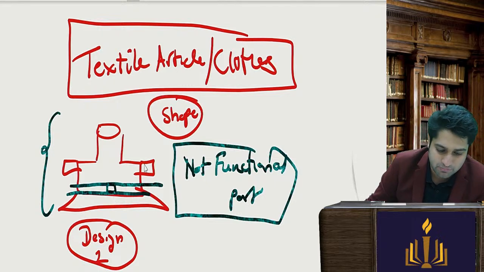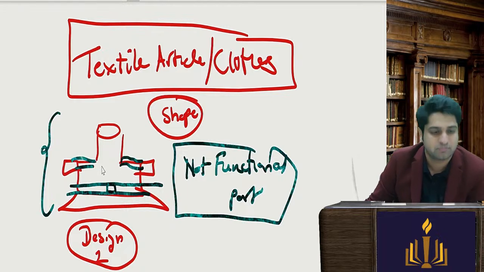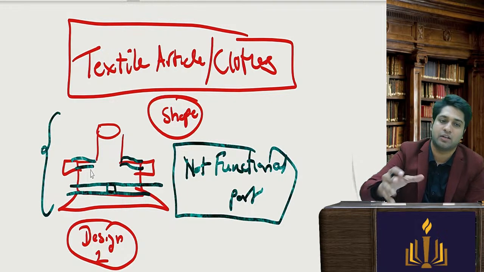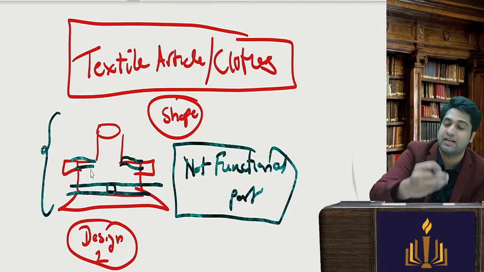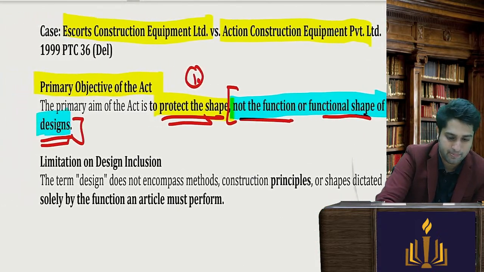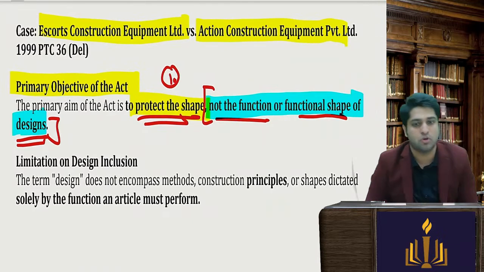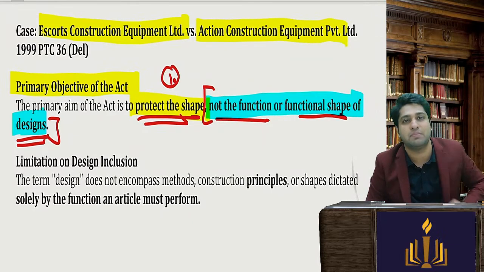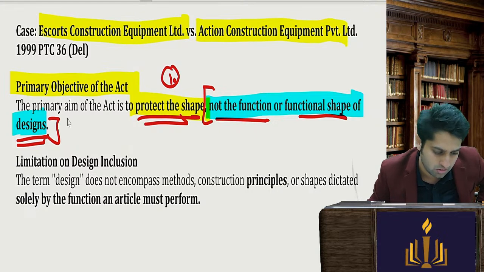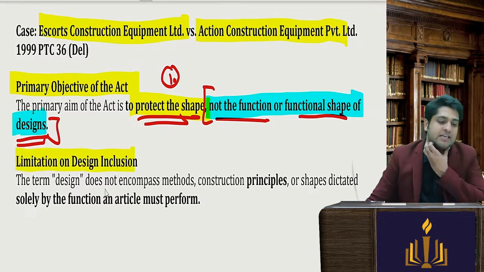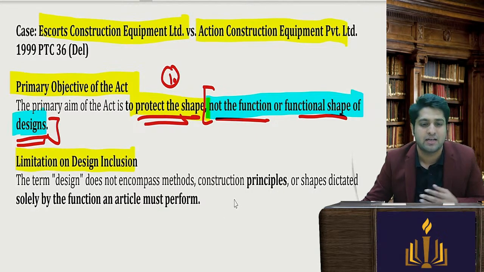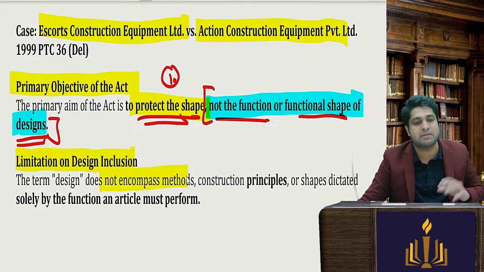Or let's say a zip has been put here. That is a functional thing, not intended to make a design. So collectively it will be decided whether it should be registered or not. Limitations of the Designs Act, again I told you very simply, that they do not encompass methods.